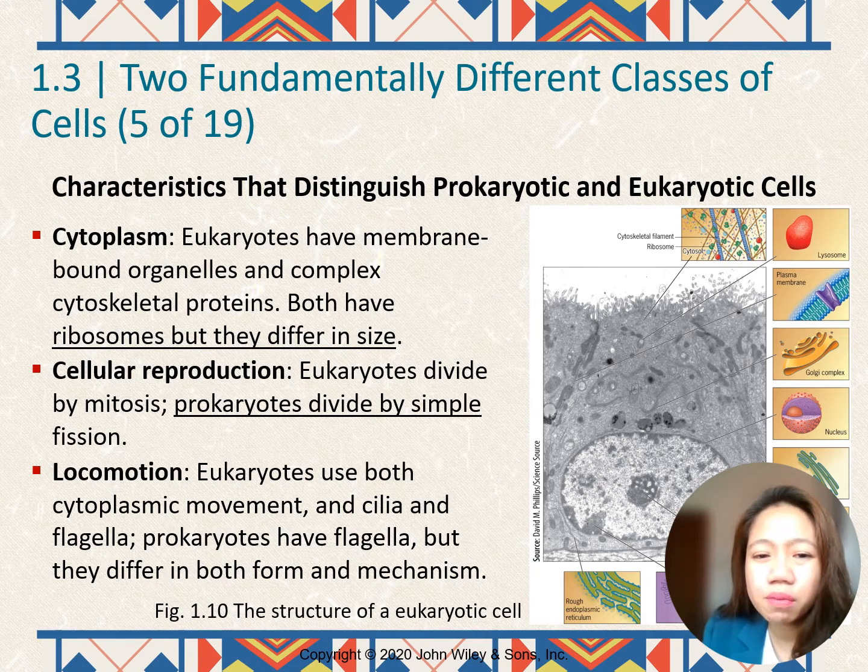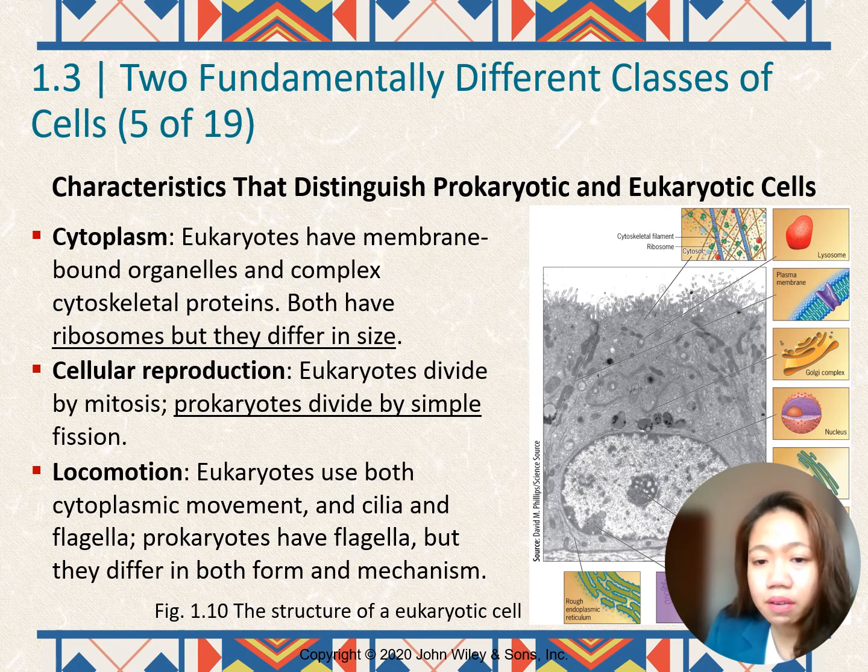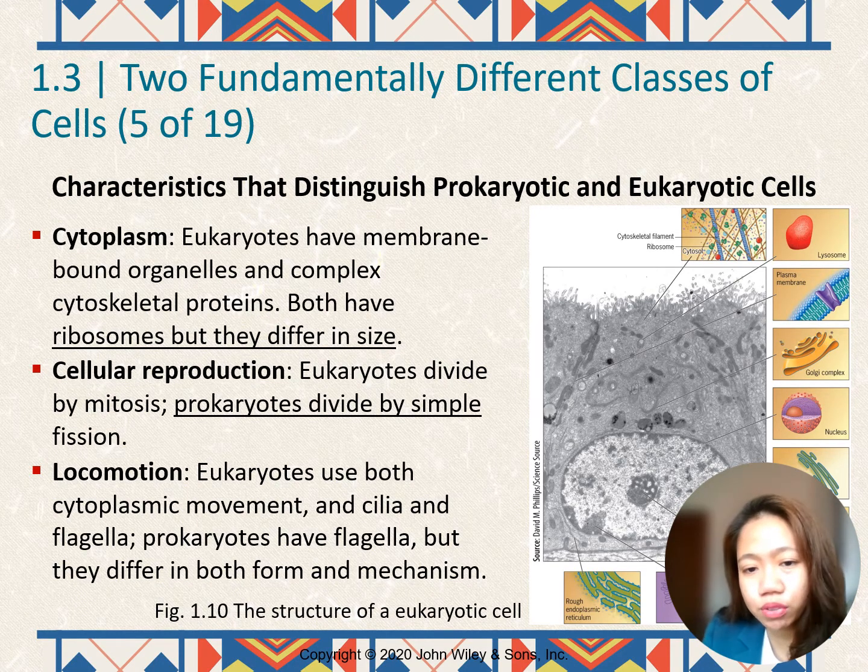Okay, so here are more similarities and differences between prokaryotes and eukaryotes. Both have cytoplasm, but eukaryotes have organelles, they have cytoskeletons, and their ribosomes are much bigger in size. For cellular reproduction, eukaryotes can divide through mitosis and meiosis, which allows further evolution since it provides genetic variability, while prokaryotes divide by simple fission.